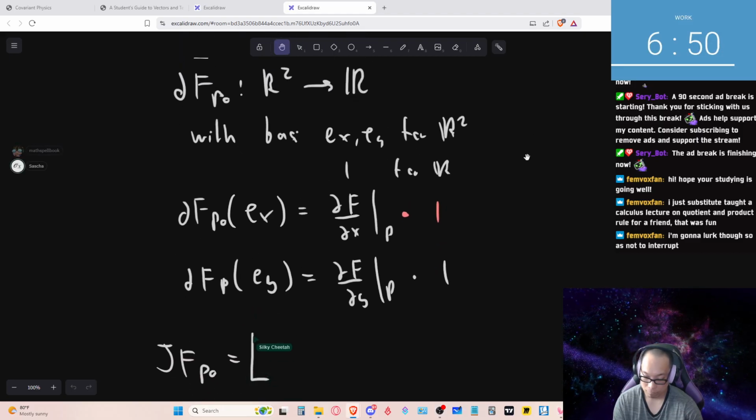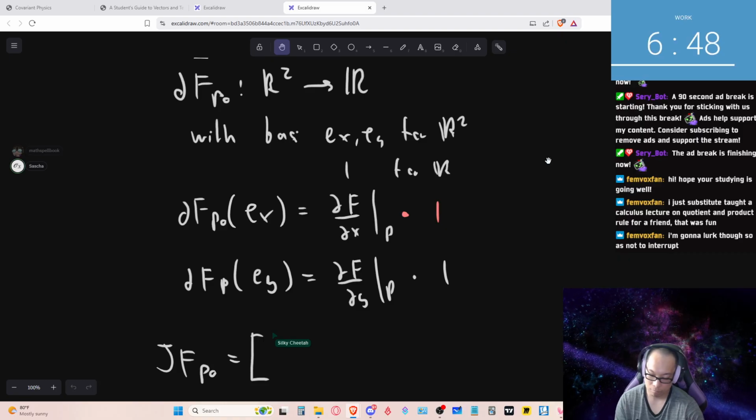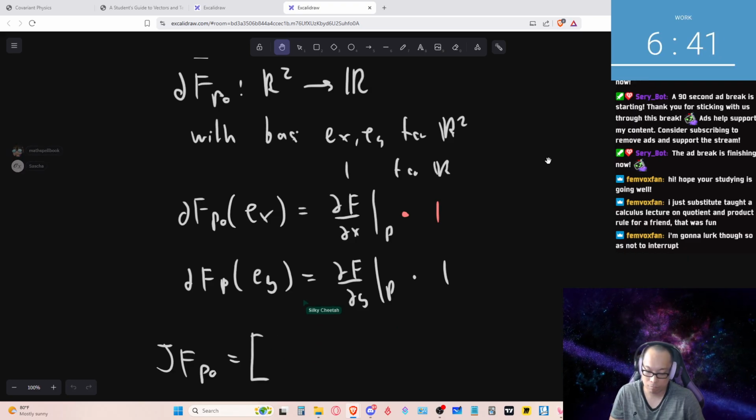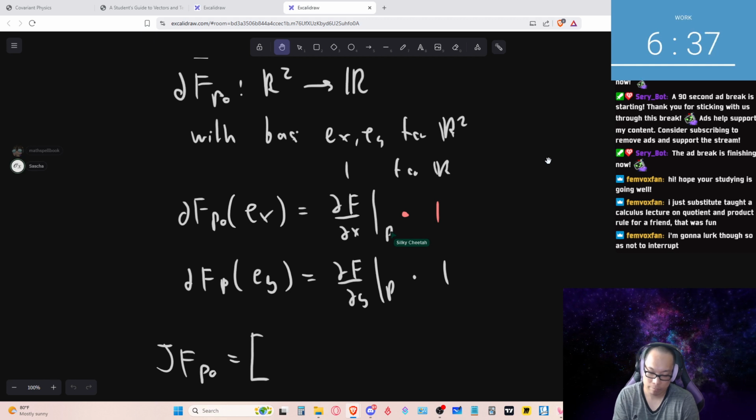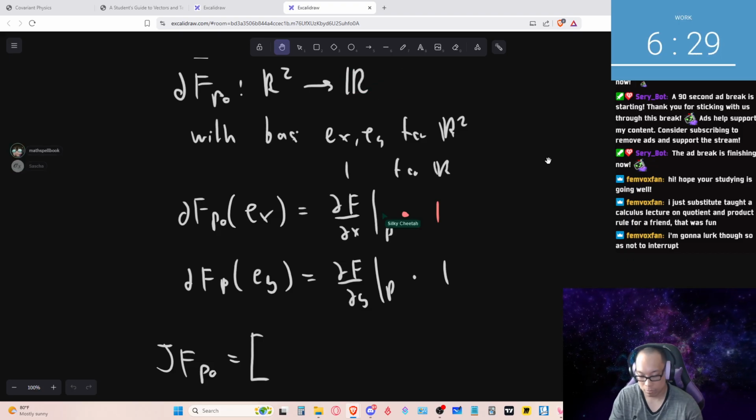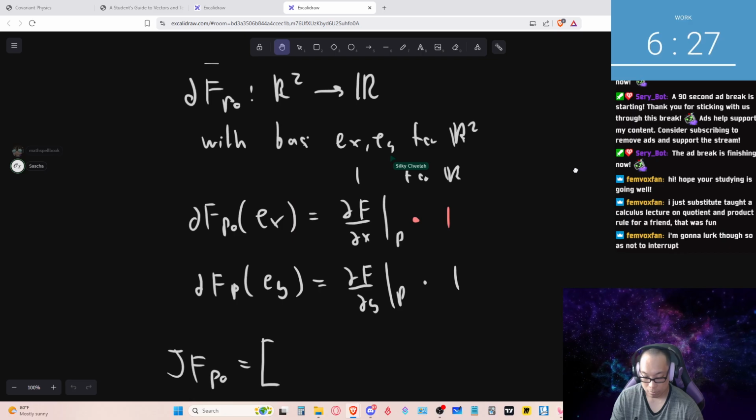And this is a map from R2 to R. So the columns of this matrix will be the images of my basis vectors, written in the basis of the space where I'm going to. I'm going to R, and in R there is only one basis vector, just the vector 1.